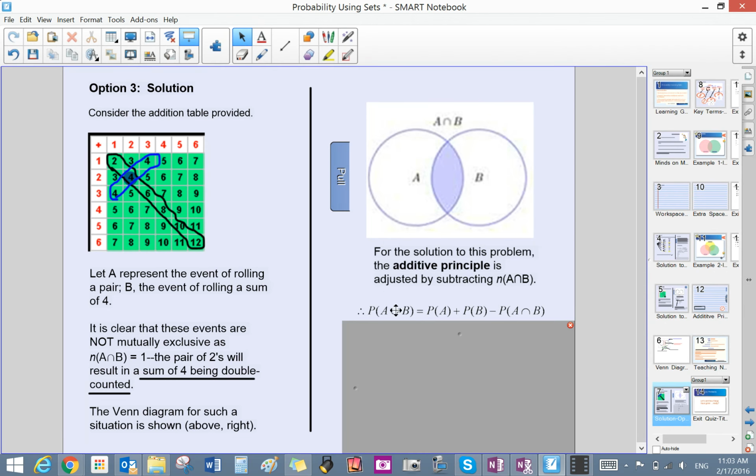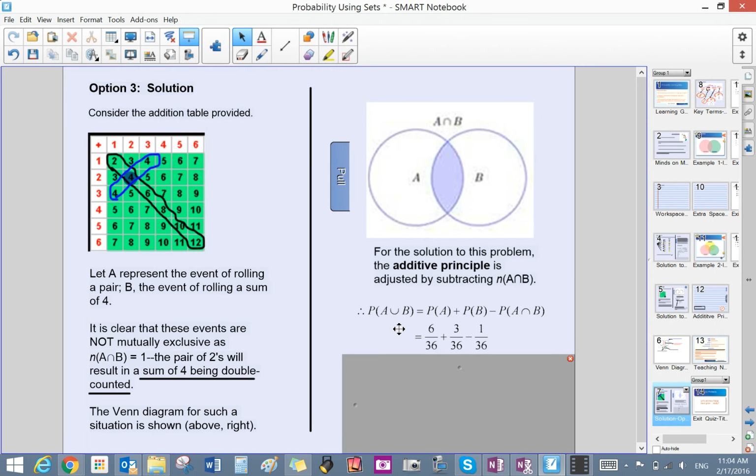So as far as an algebraic representation of the diagram, we have here what is called the probability of A or B, and you can see the difference now. When you do have a shared element between the two sets, it's not a simple matter of adding the two probabilities together, but you must also subtract out the probability of that particular outcome that's being counted twice, which is the sum of 4.